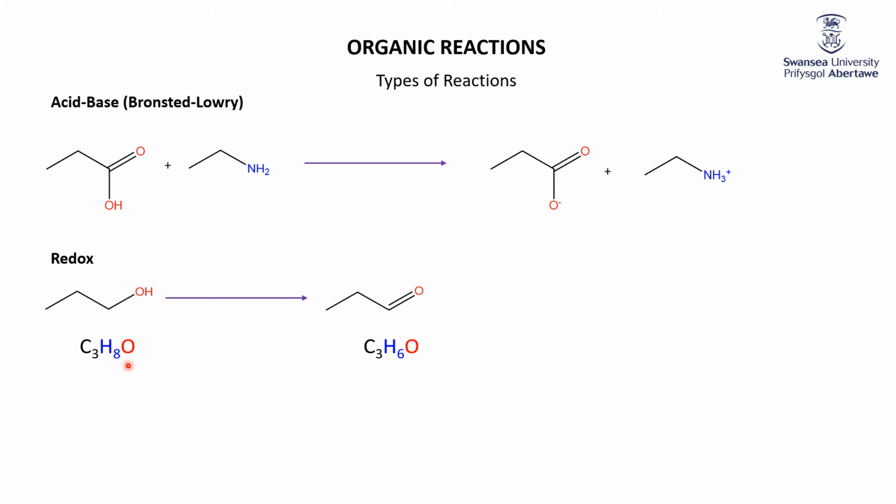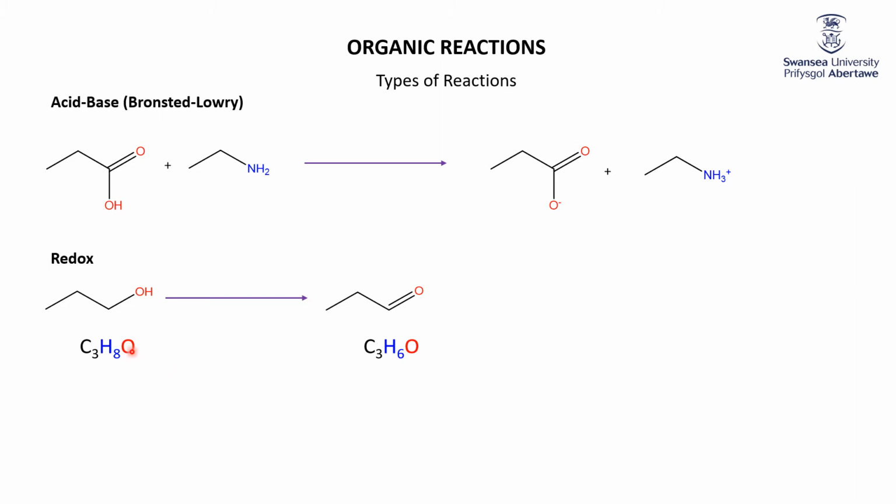An organic chemist would look at this and say, we have lost hydrogen atoms. Losing hydrogen atoms is one indication of an oxidation, in the same way that gaining electrons would be an indication of a reduction. Gaining hydrogen atoms would be an indication of a reduction. We can demonstrate to ourselves that this is indeed an oxidation by applying oxidation numbers.